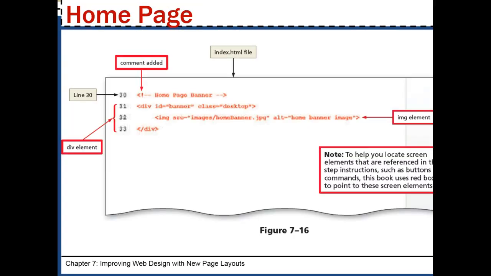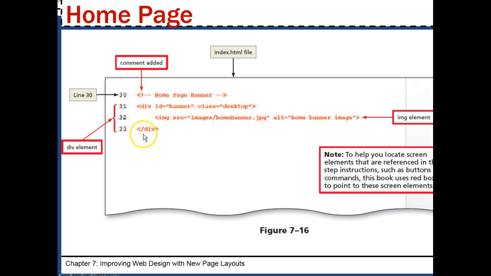So we can add a new div element to the homepage. How you can do that, you basically use the div there. So you just put div id equals banner, and then you put the class, because you want to do it first for the desktop. And then you have your image source here and your image element.